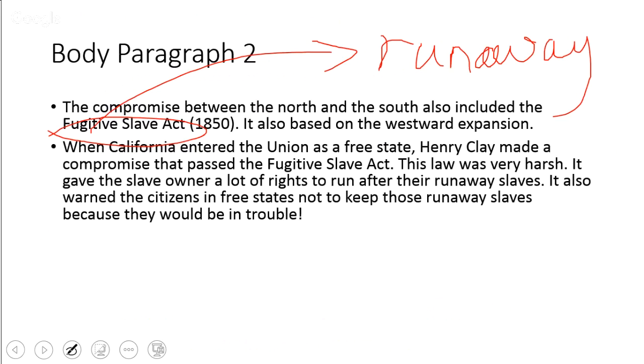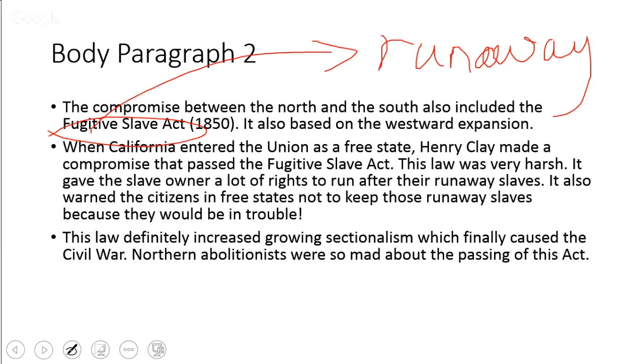How do you think the Northerners would react? Tell me. They would be so mad. So you see, the law definitely increased growing sectionalism, which finally caused the Civil War. Northern abolitionists were so mad about the passing of this act. Well, definitely they would be very mad, right?